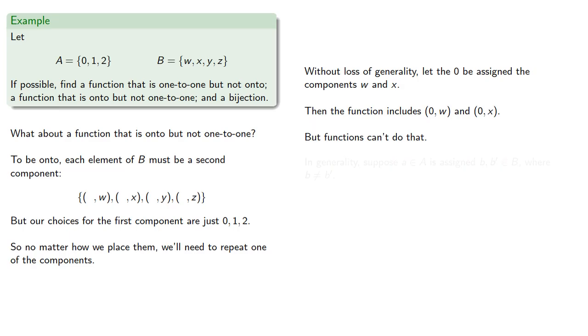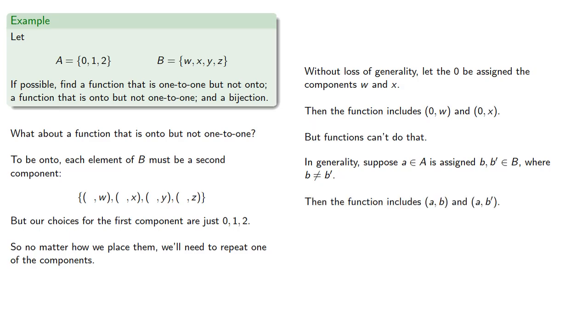Well, in generality, suppose A is assigned to both B and B prime, where B is different from B prime. Then the function includes these two ordered pairs, but this means it's not a function. Consequently, it's impossible for a function from A to B to be onto.